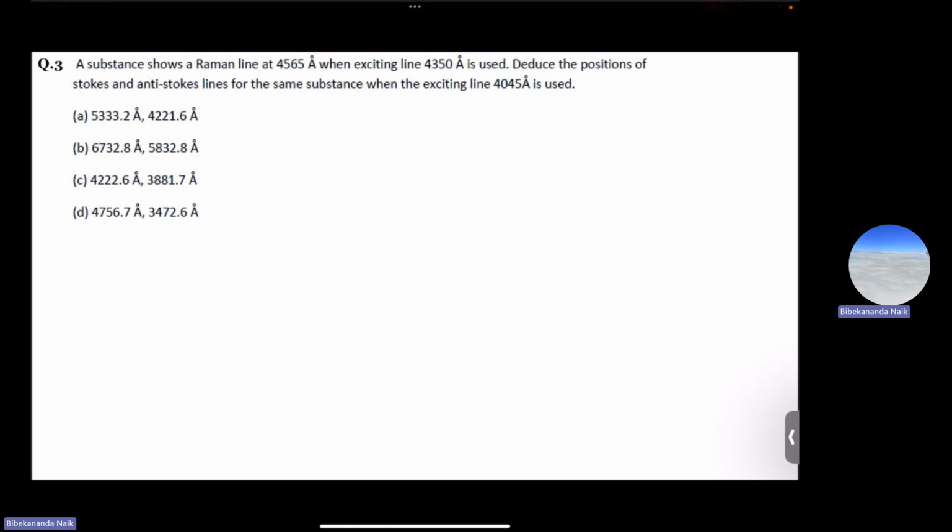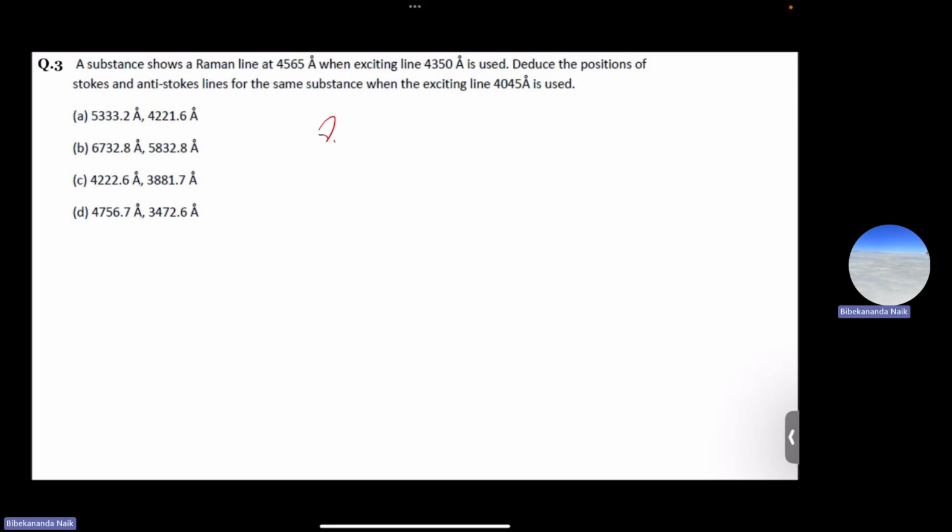So similar to the last question, again we will first find the wave number corresponding to the exciting line and the Raman line.